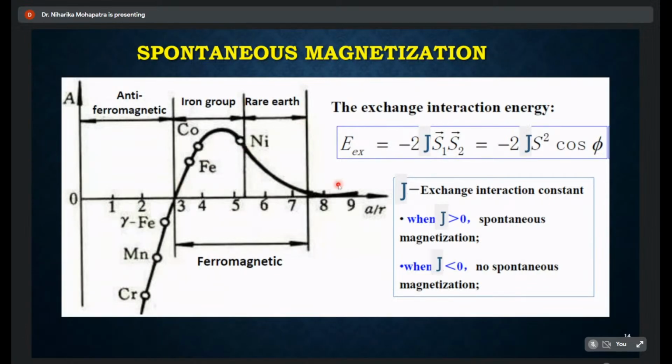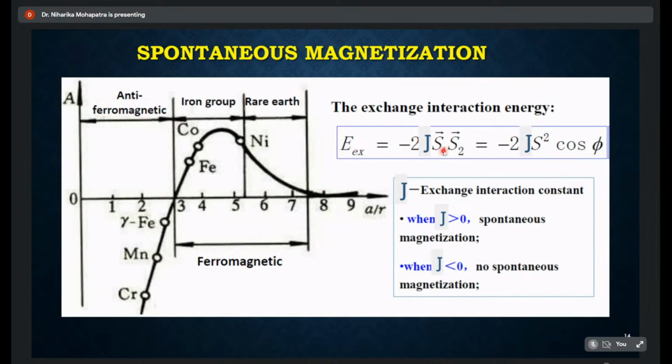You can see from this plot, the x-axis, A by R, represents basically the distance between the two atoms or ions in a solid. And on the other axis it is actually J. I'm sorry, it's not A. This is actually J. J is the exchange interaction.